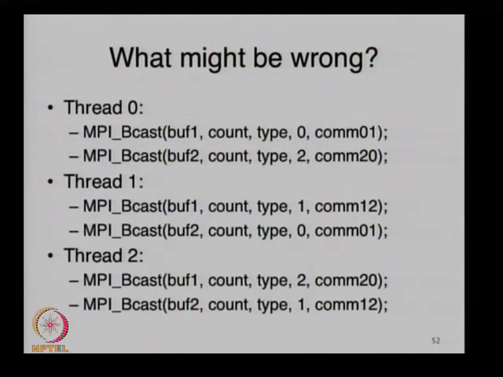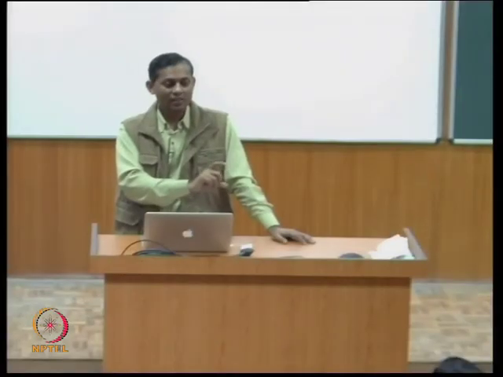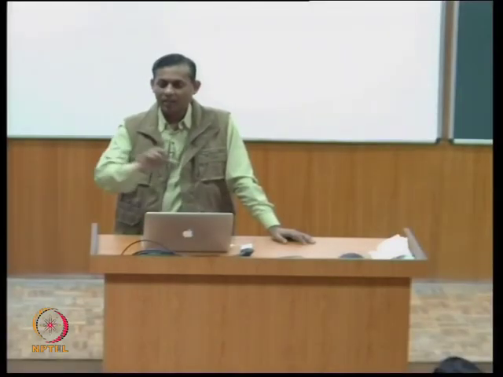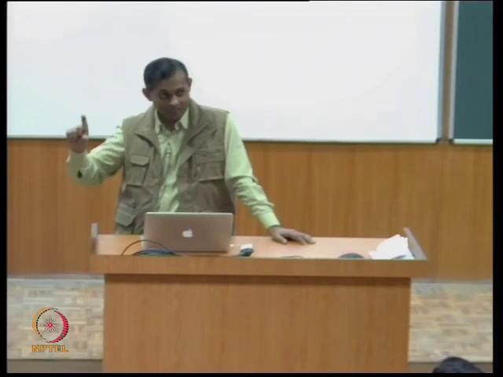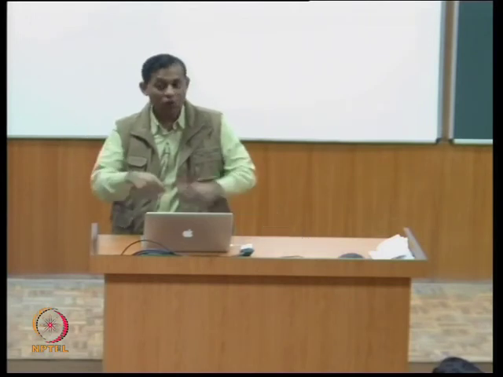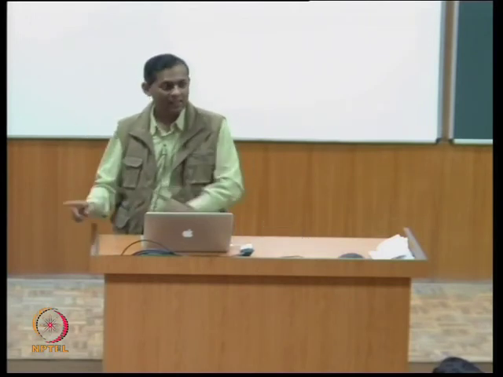You broadcast always within a communicator. But we'll come to this. This is a deadlock because of synchronization. But even if it were non-blocking, it would require a similar level of synchronization or reordering inside the system.